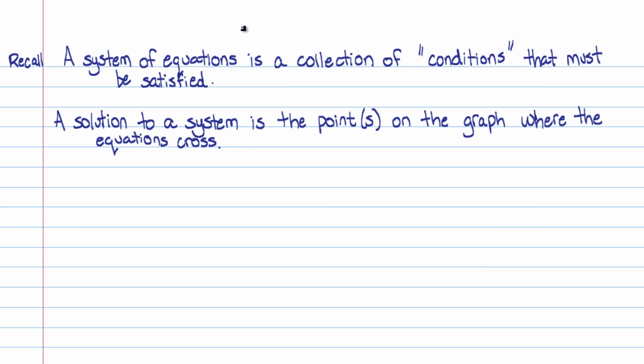We'll start by recalling some ideas from the previous lectures about what a system of equations actually is. A system of equations is just a collection of conditions that must be satisfied. For example, your household must earn at least $80,000, but at the same time, to stay within a certain tax bracket, you want to keep your income less than $150,000.